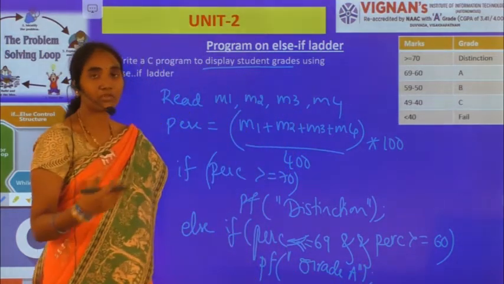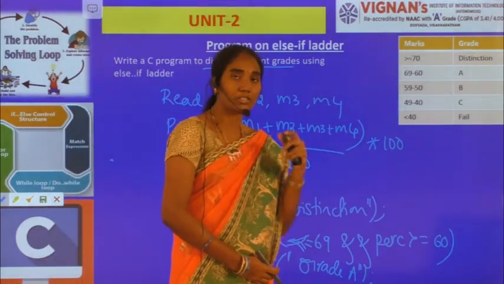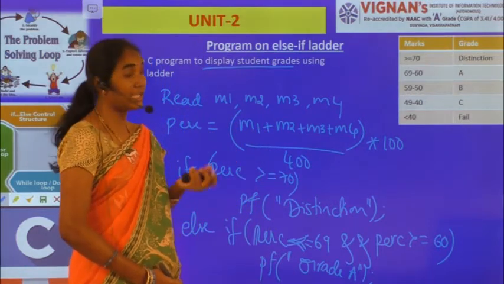Likewise, I need to write the remaining else if statements, and finally in the final else I'll be getting a message called fail. So likewise, I have to rewrite the program by using else if ladder.